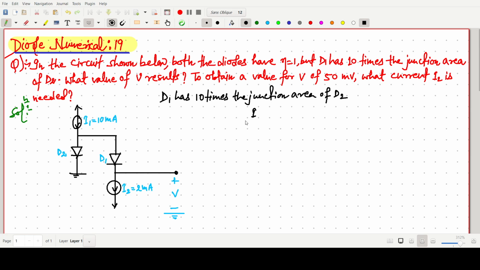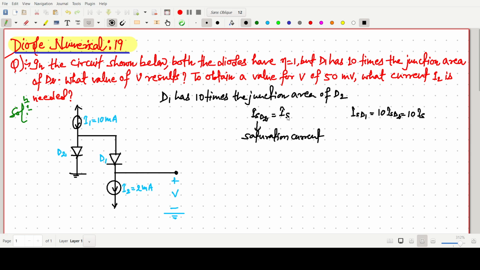Means if the saturation current ISD2 is say IS, then the saturation current ISD1 should be 10 times of ISD2, or simply we can write 10 times of IS. This means the D1 has 10 times the junction area of D2.